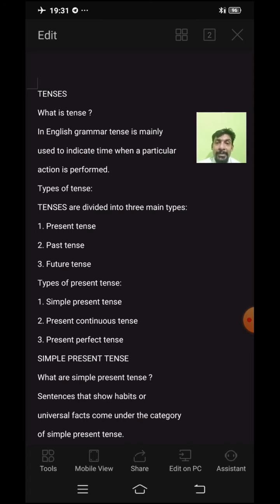So, we will today try to understand what actually is simple present tense. So what is simple present tense? Sentences that show habits or universal facts come under the category of simple present tense. Means such type of sentences that we use to refer to a particular habit.